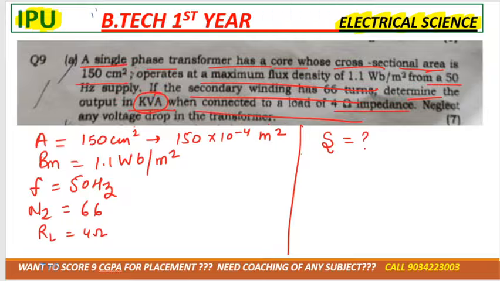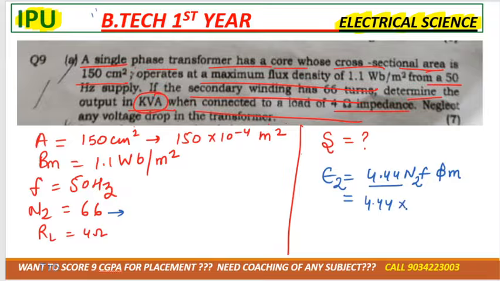As you know, the EMF formula is equal to 4.44 N F phi m, right? 4.44 we know. If we take E2, then it would be N2 because N2 is given. 4.44 we know. N2 is the number of turns, 66. F is the frequency, 50 Hertz.